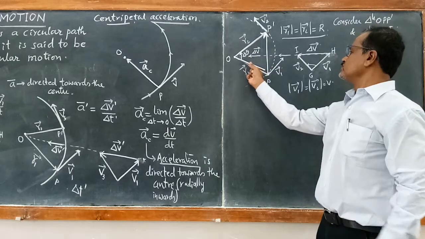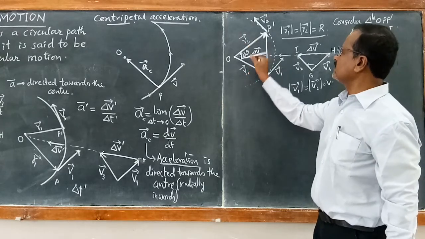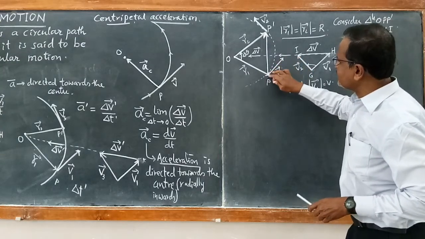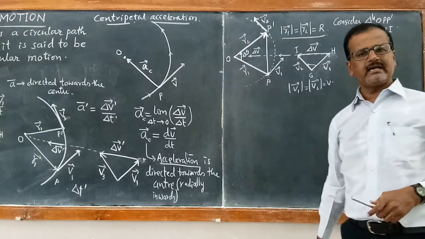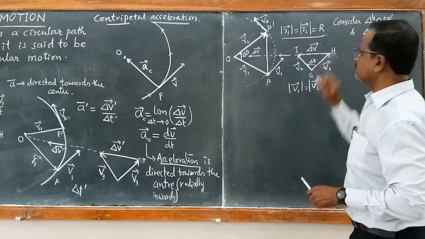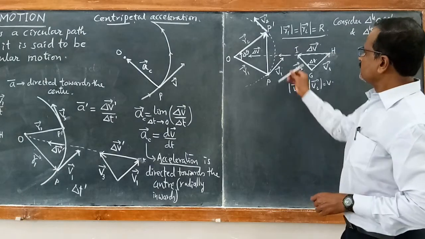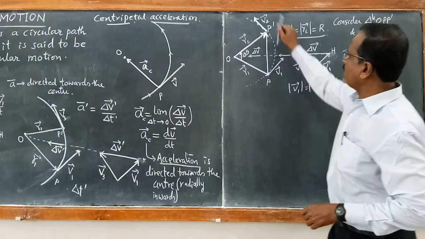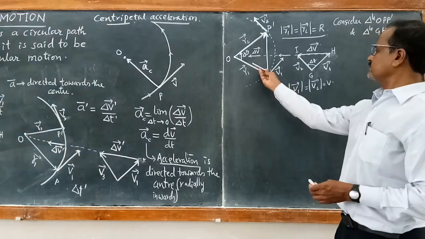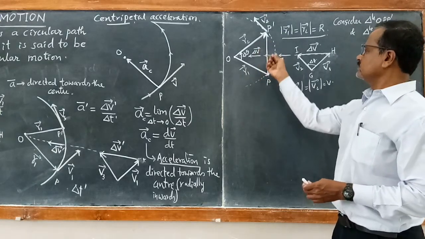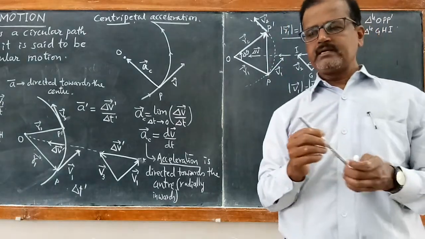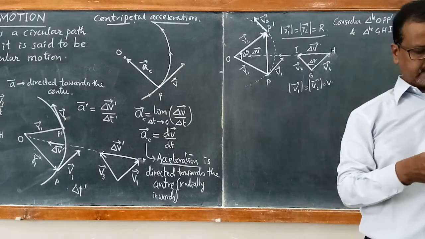If position vector OP is turned by an angle delta theta, the perpendicular drawn to this radius vector is also turned by the same angle delta theta. If this is angle delta theta, this one is also angle delta theta, because these velocity vectors v1 and v2 are perpendicular to the radius vector. Whatever the angle through which the radius is turned, the velocity vector, being perpendicular, is also turned by the same angle.